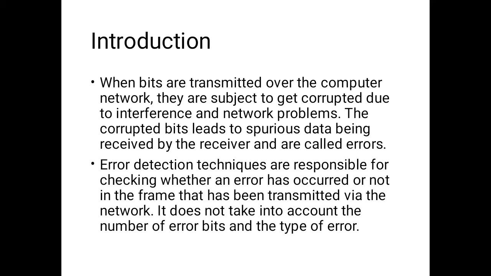Now, it is the transmitter's duty to tell that errors may occur in the transmitted data, and it is the receiver's responsibility to check whether it has received the original message sent by the transmitter, or whether there are any errors in that frame. A frame is nothing but the setting of data in a proper way.